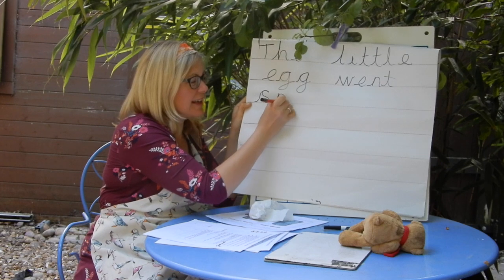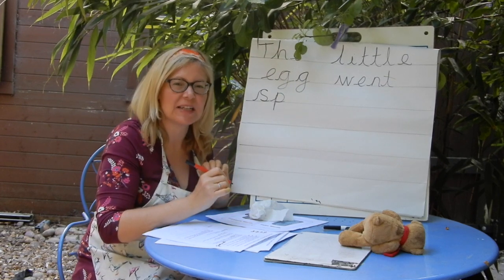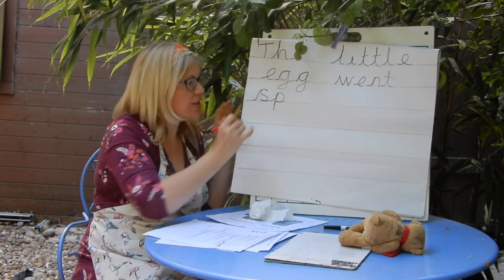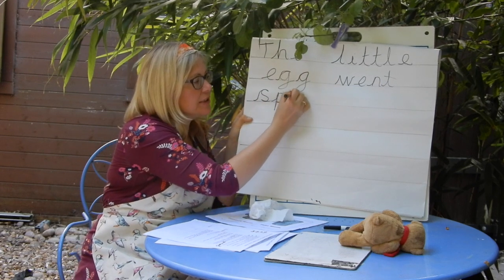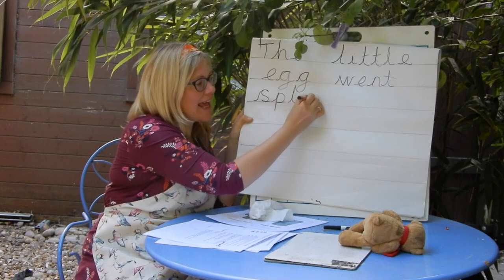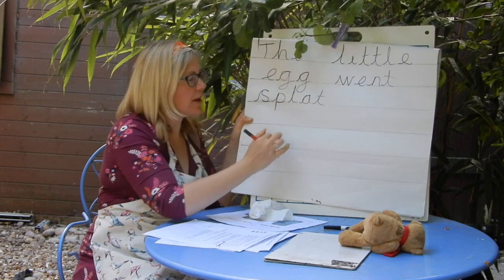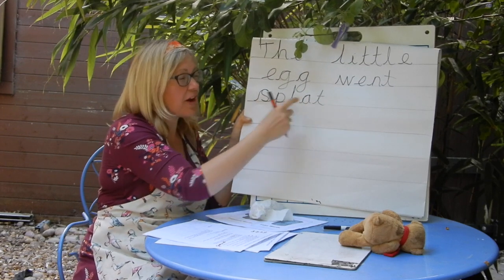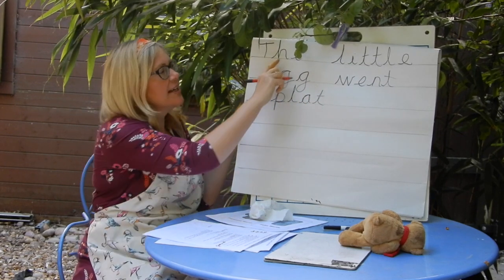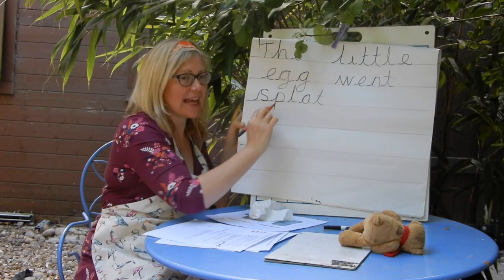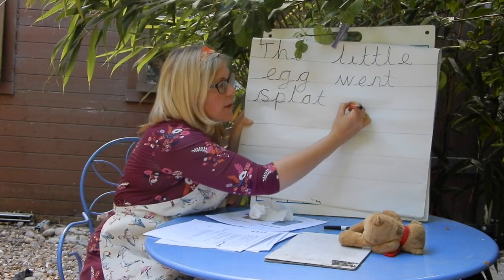Sounds a bit like a B, like splat, splat. Have we got five sounds? One, two, three, four, five. Yes, we've done splat. The little egg went splat on the road.